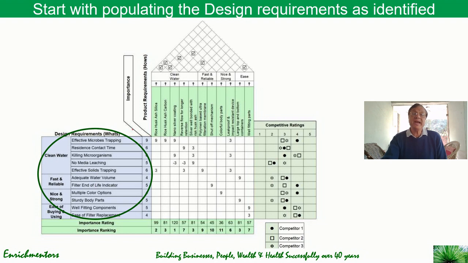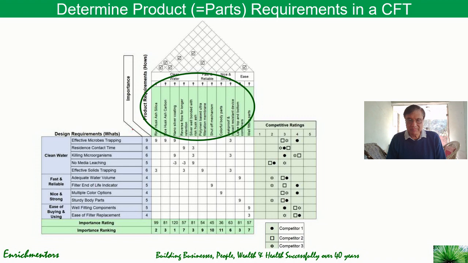Once we have done that, we start working in the QFD to brainstorm what the parts requirements are for each of the design requirements. So we take one design requirement and brainstorm and say, hey guys, if this is the output that you want, if this is the Y and it's a function of a few X's, the X's could be the process, it could be the part. So what are the product or part requirements?